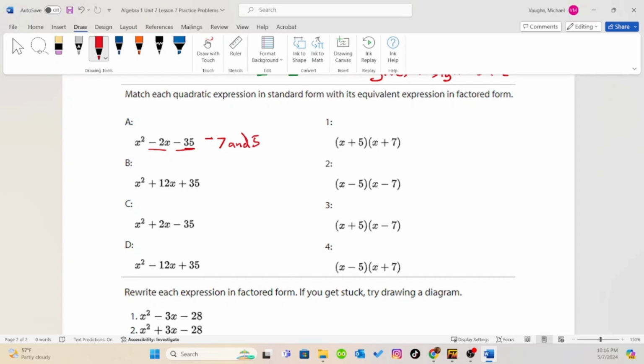So now, if I'm looking for my factors, I'm going to need negative 7 plus 7. So that could be number 1 or number 4. And then I'm going to need 5 minus 5. So A is going to have to match 4.